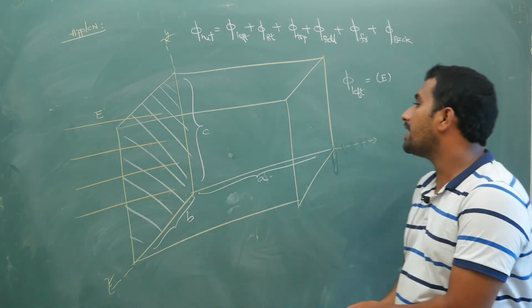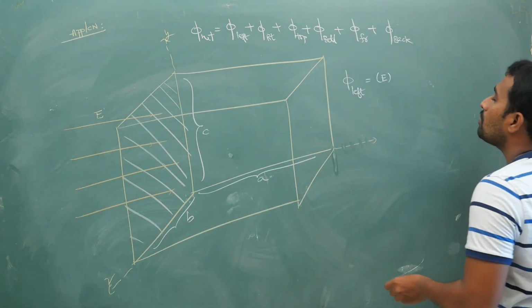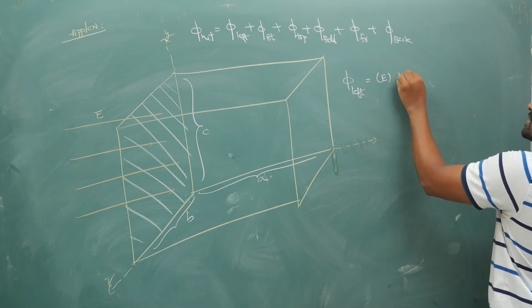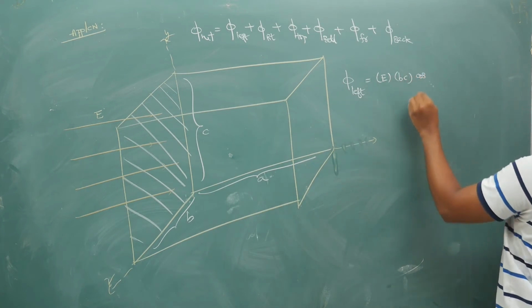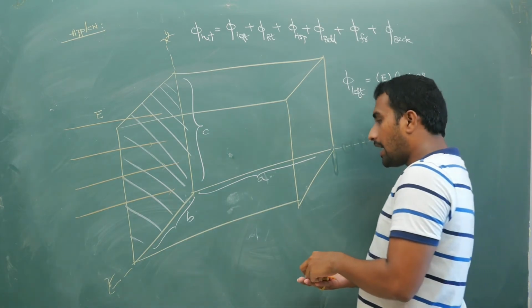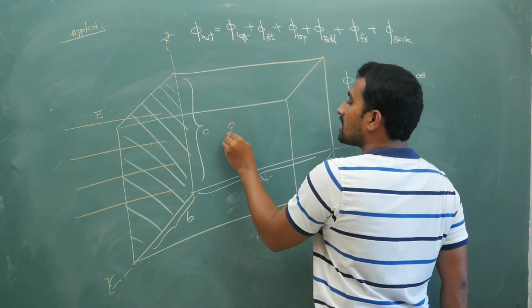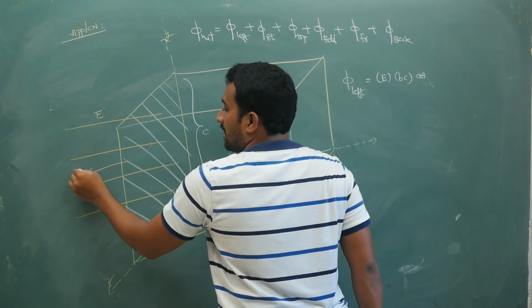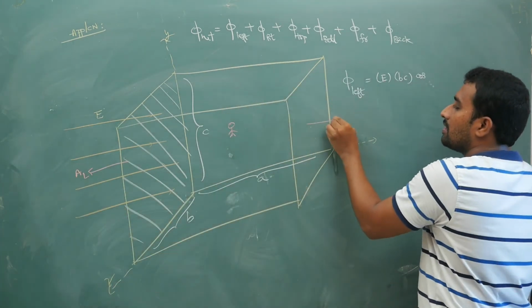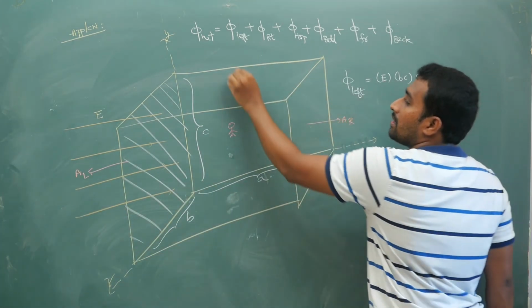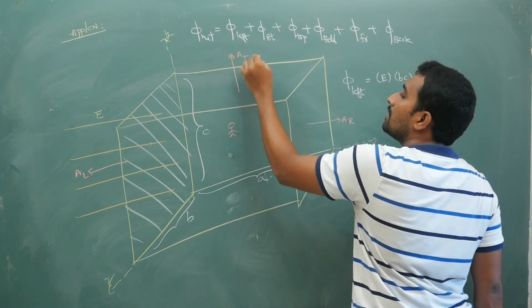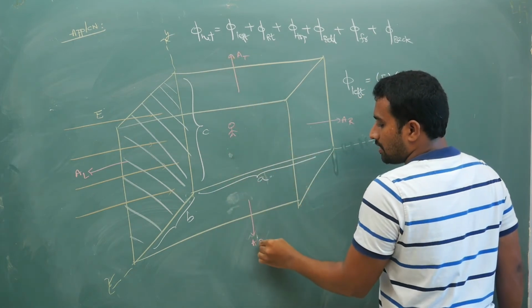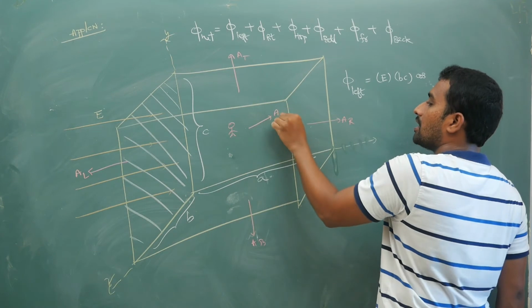For a rectangle, area is length into breadth, so that will give you E times B into C times cos of the angle. I told you, for closed surfaces, if you stand inside the box and take the outward normal, the area vector of the left face is here, the right face is here, the top face is here, the bottom face is here, and the front and the back.